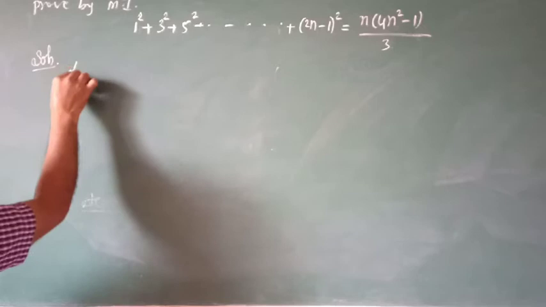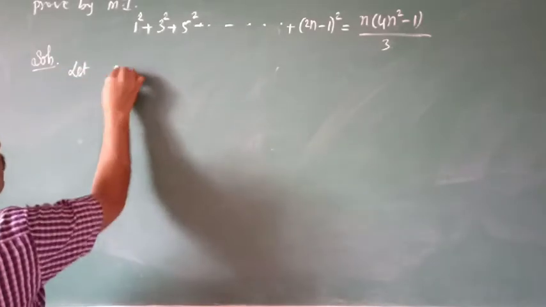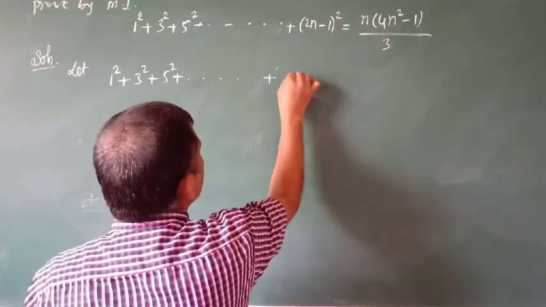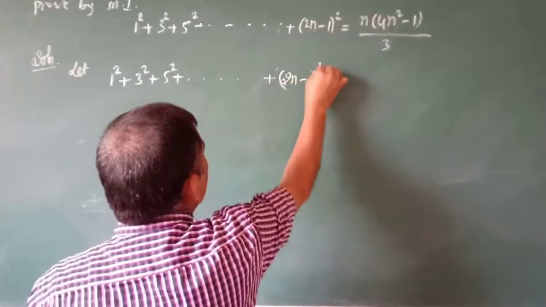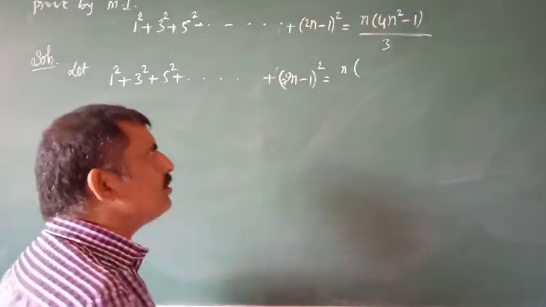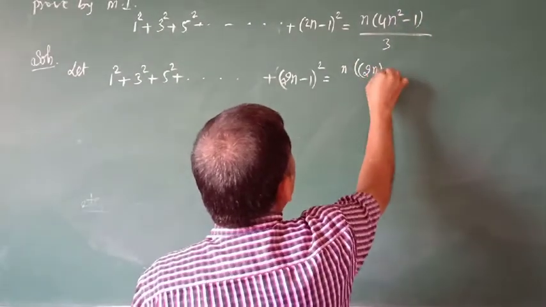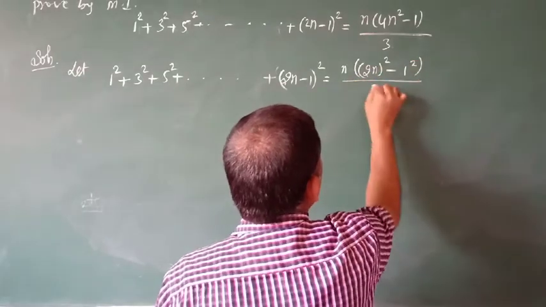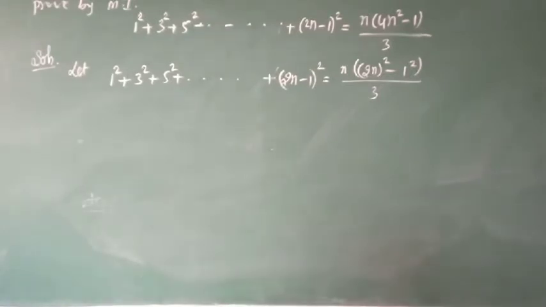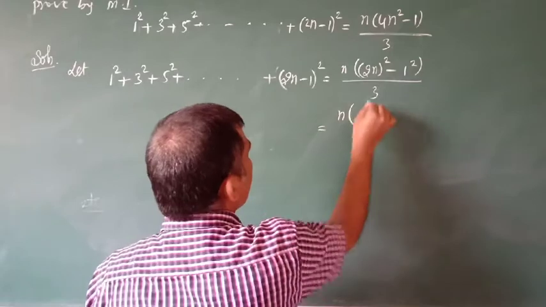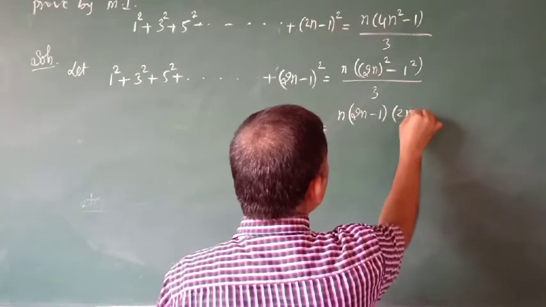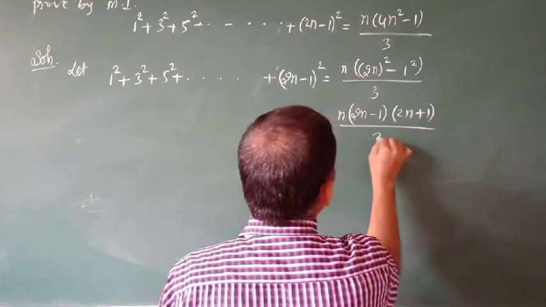Let 1 square plus 3 square plus 5 square plus so on plus 2n minus 1 whole square equal to n into 4n square minus 1 divided by 3. 4n square minus 1 is also written as 2n whole square minus 1 square, which is a plus b into a minus b, that is 2n minus 1 into 2n plus 1, all divided by 3.